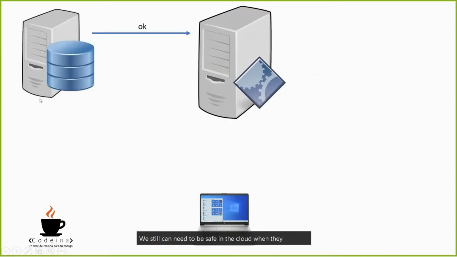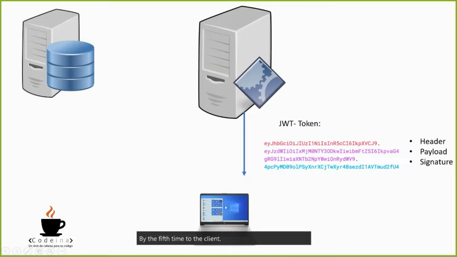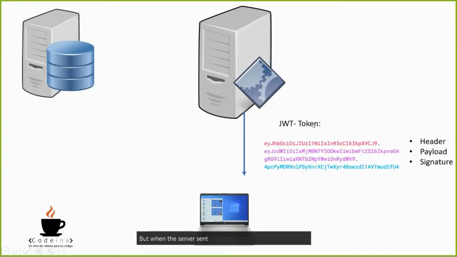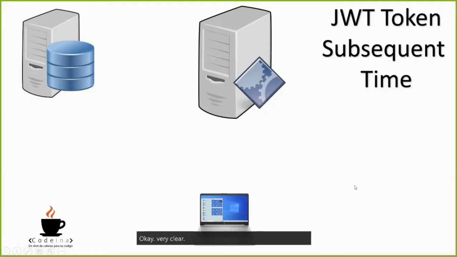When the server sends the token the first time, the client is responsible for saving it, maybe in local storage, in cache, etc. But if the client loses this token, it needs to authenticate again to get a new token, repeating the process. For subsequent requests, the client takes the token from local storage and sends it to the server via the header of the request. Okay, very clear.